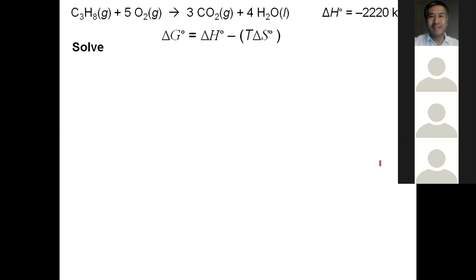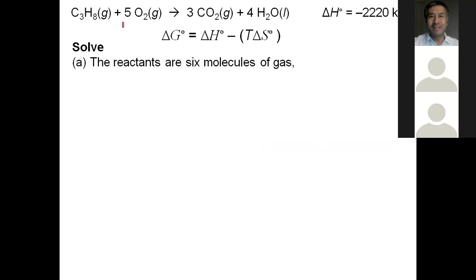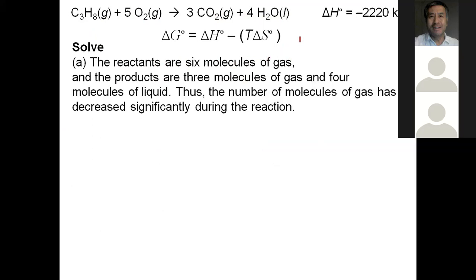Okay, so let's take a closer look at this chemical reaction. We have two reactants, both of them gas. We have two products, one is gas, the other one is liquid. We can see there are 6 moles of gas reactant, but only 3 moles of gas product.